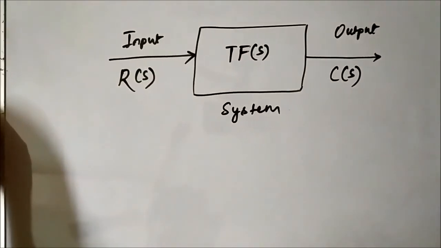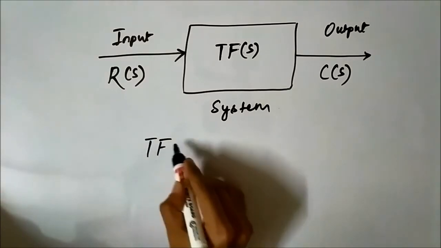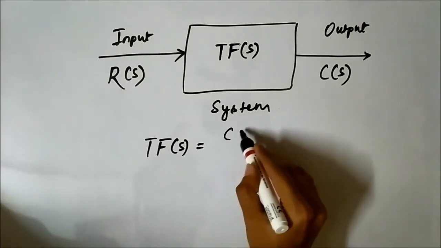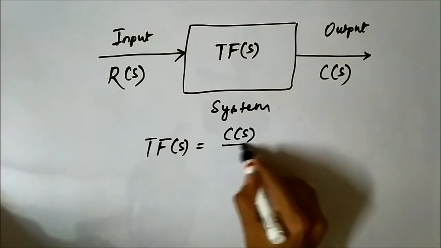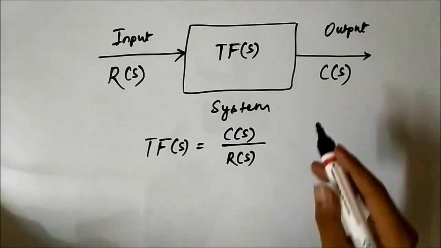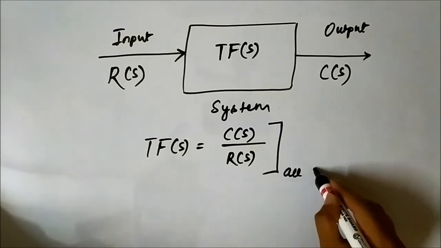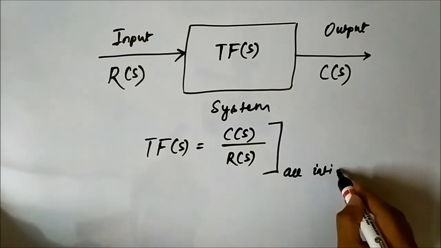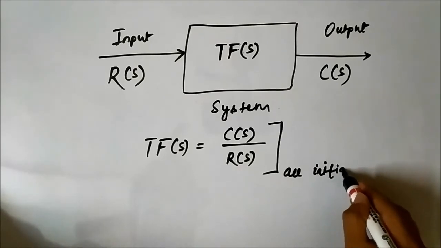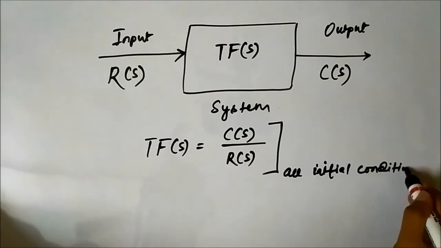So the transfer function is given as C(s) by R(s), with the condition that all initial conditions are set to 0.